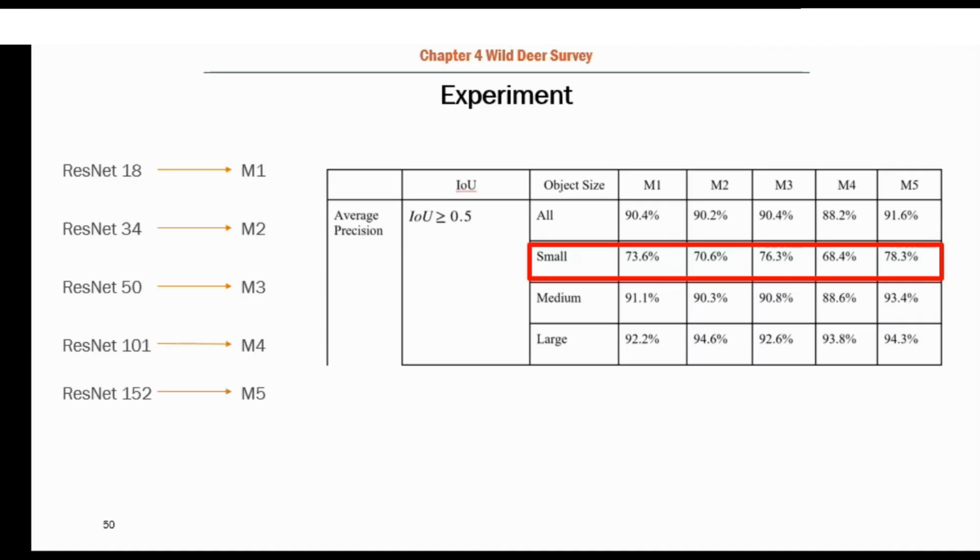They are ResNet 18, 34, 50, 101, and 152. The purpose of this experiment is to show why ResNet 152 was selected, because it achieved the highest detection precision, especially for small object detection.